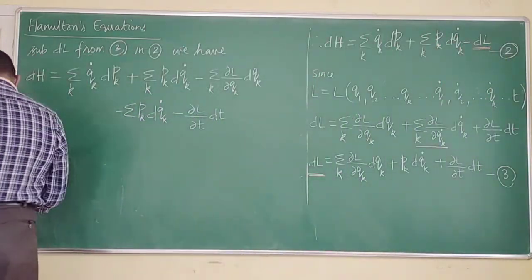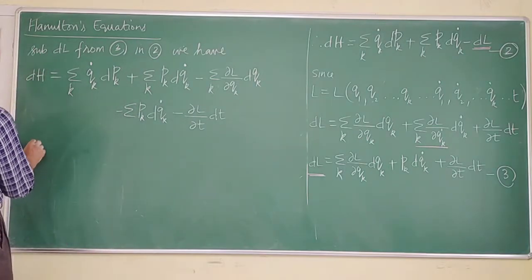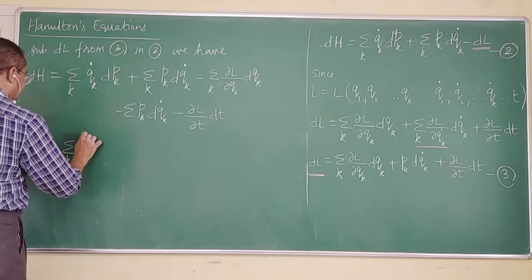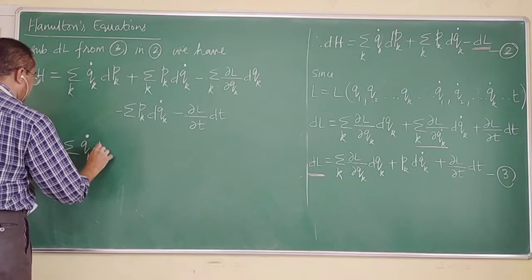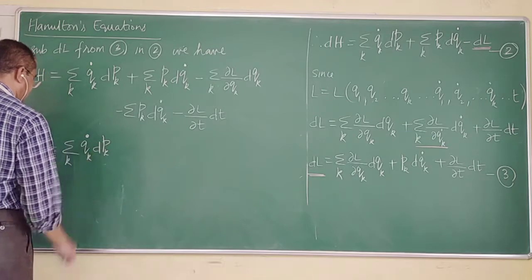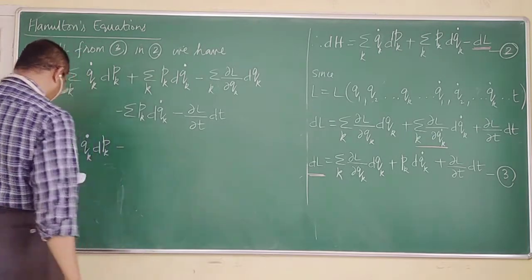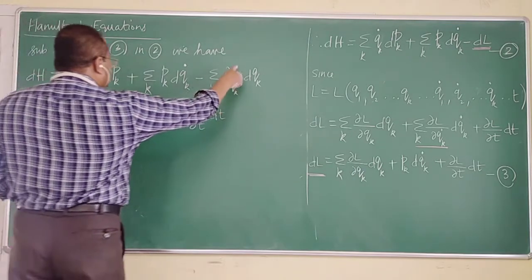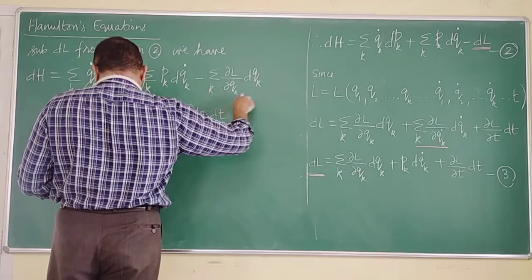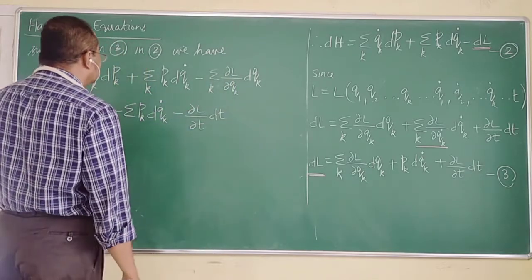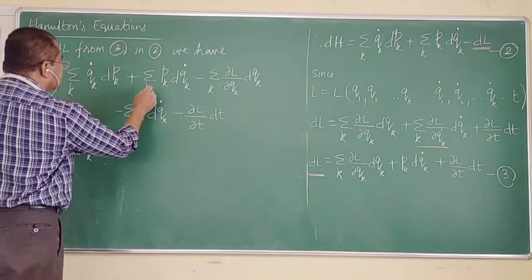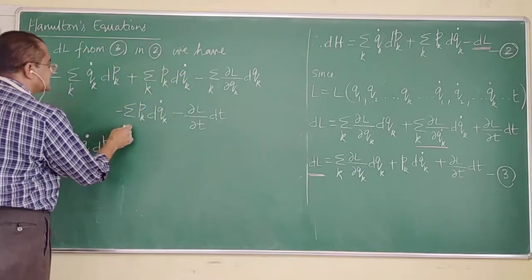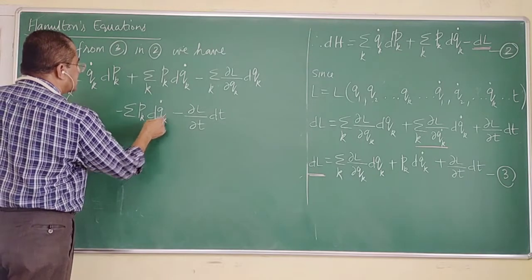Now, dH is equal to sigma k q dot k dp_k minus ∂L/∂q_k dq_k. This is plus sigma k p_k d(q dot k) minus sigma k p_k d(q dot k).